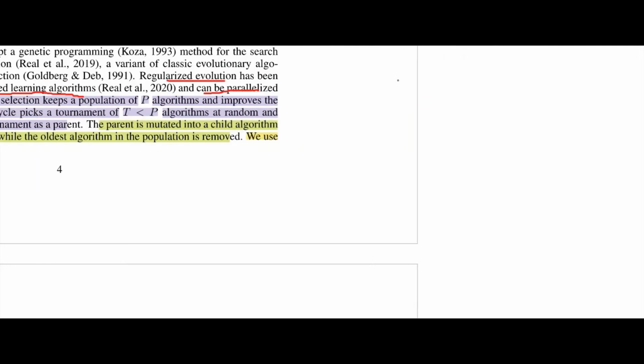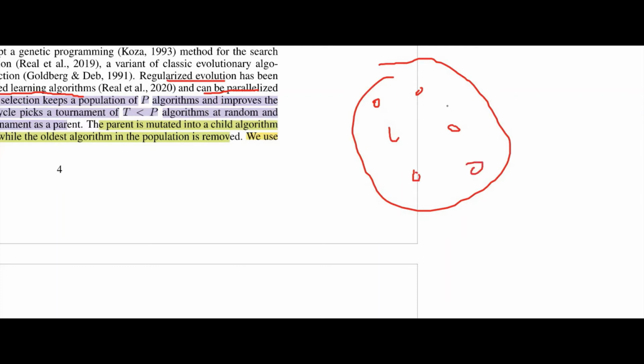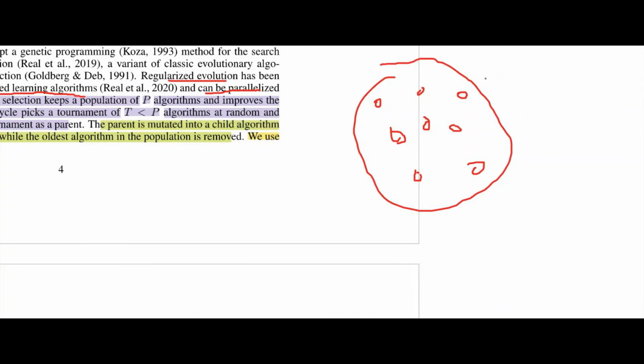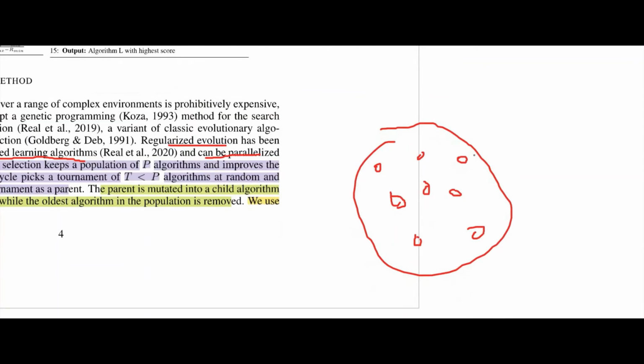So basically, you have a population with multiple different samples in it. Each sample represents an algorithm. Here each sample represents a computation, so this is actually an entire computation graph which is some sort of loss.